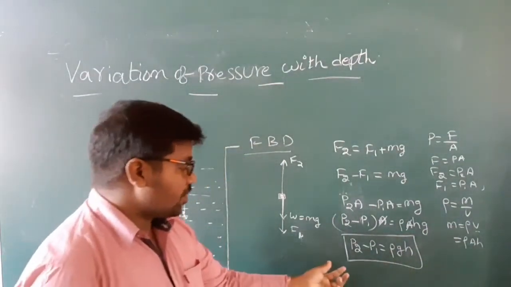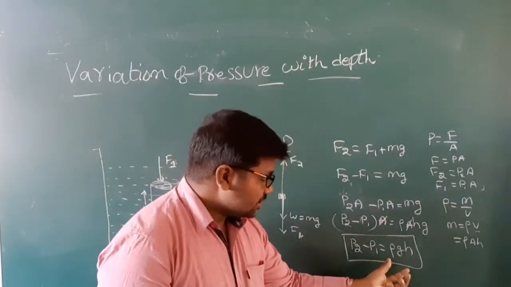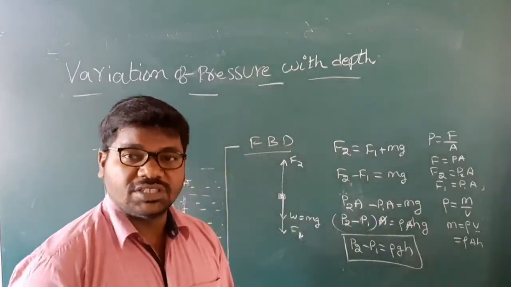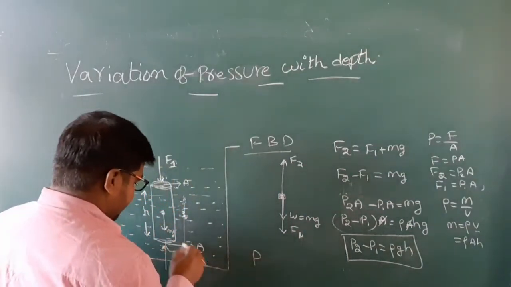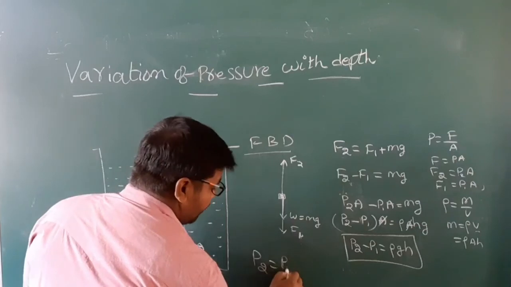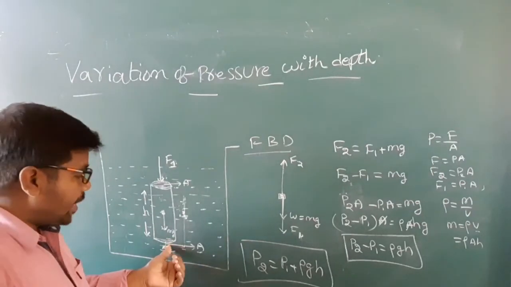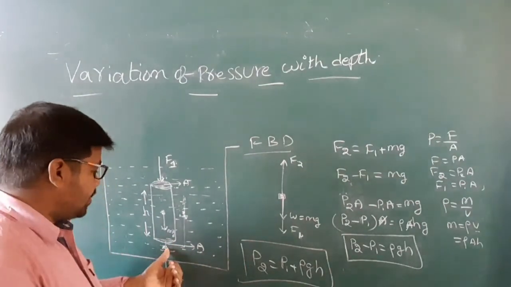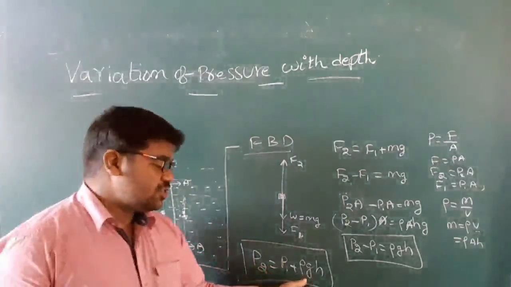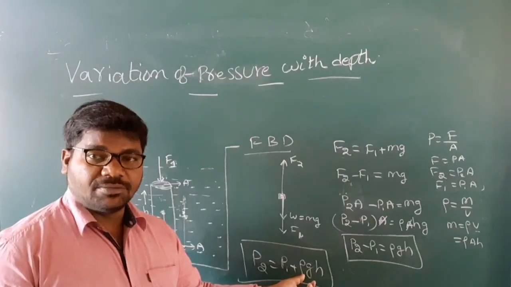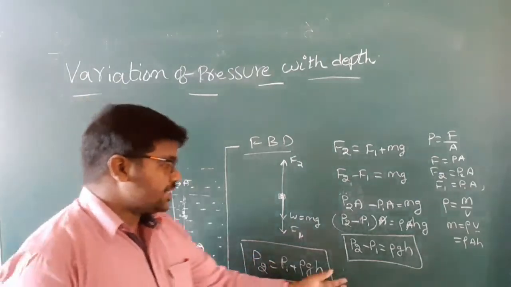Understand? Here the variation of pressure with depth is equal to rho g h. Rearranging, the pressure at this point, P2, is equal to P1 plus rho g h. The pressure at depth is equal to the pressure at point A plus the pressure due to the height.